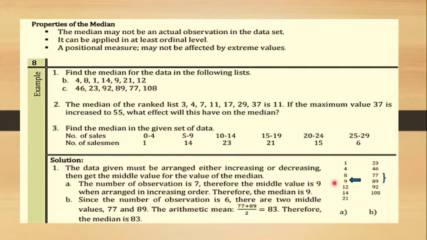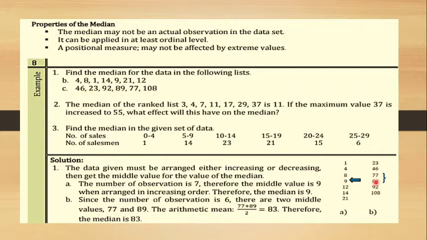So, letter B. Since the number of observations is 6, so 1, 2, 3, 4, 5, 6, there are two middle values. So, dalawa yung gitna na values. So, paano natin makukuha yung median?